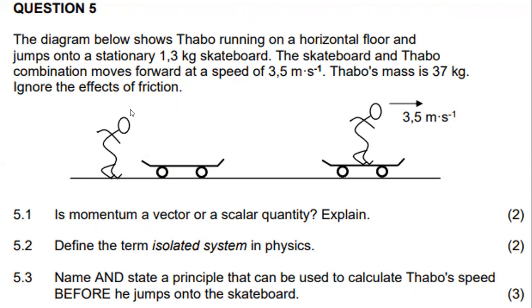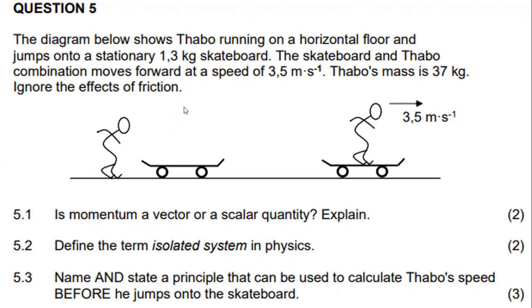Now, what does that tell me? The mass before the collision and the mass after the collision is the same. What is different is that before the collision, the velocity was high at 3,62 meters per second. And after the collision, the velocity was smaller, which was 3,5 meters per second.